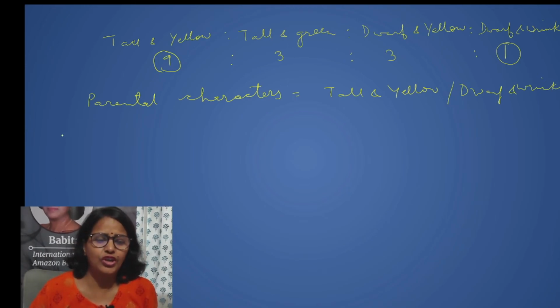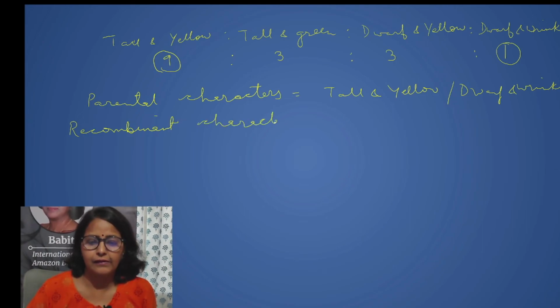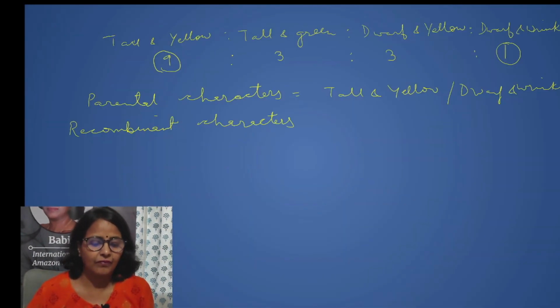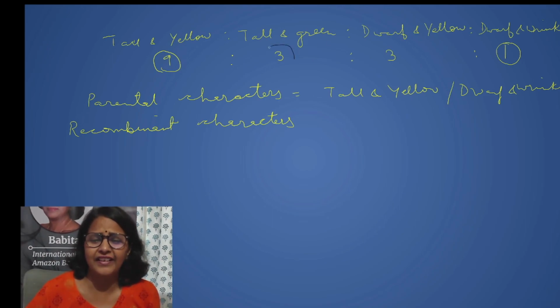But we got 2 new characters and they are called recombinant characters. What are those? We got 2 new characters and these are recombinant characters.